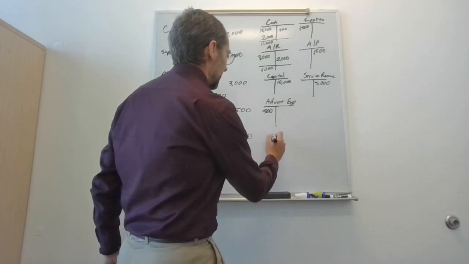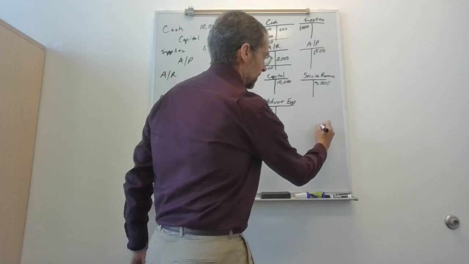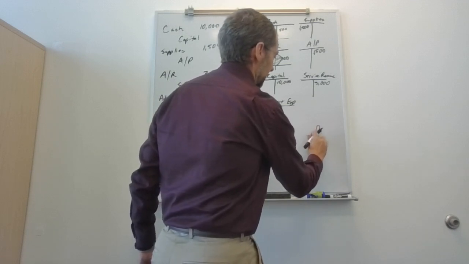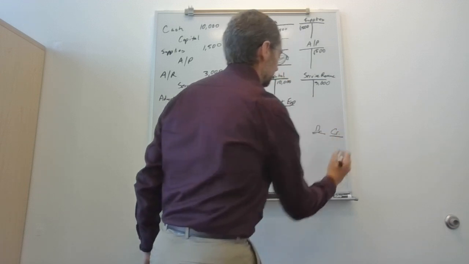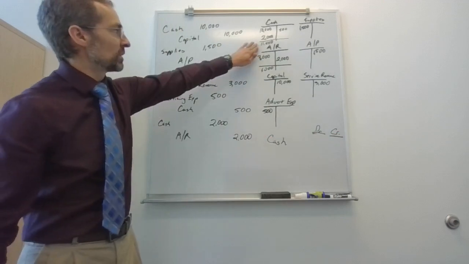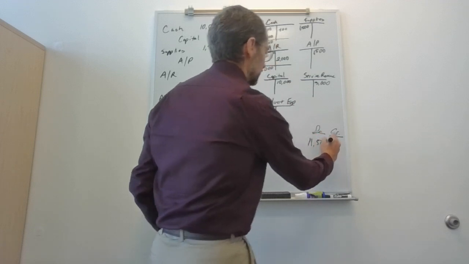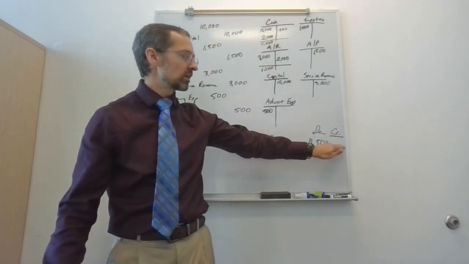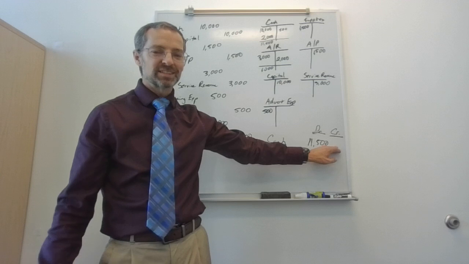So I'll write down cash over here. And then I'm going to have two columns. I'm going to have a debit column and a credit column. Now cash, I said, has a balance of 11,500 on the debit side. I only put it in one column or the other. I can't have both a debit and a credit balance in cash.